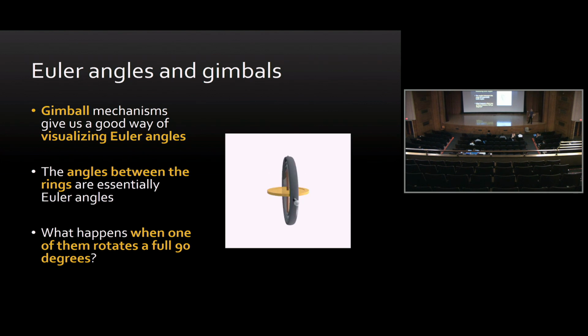The major use case for gimbals that I know of is when you're on a ship and you don't have GPS and you want to know what direction you're pointing, you can use a gyroscope that's heavy and spinning to stay spinning in the same direction no matter how the ship changes.